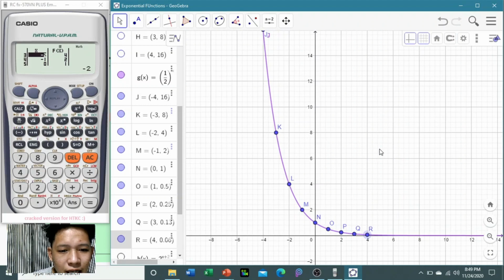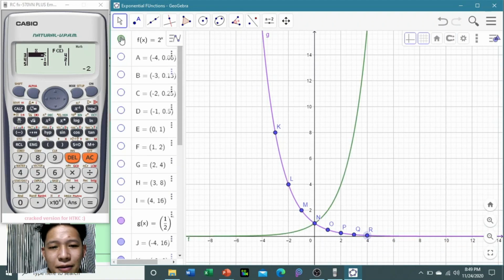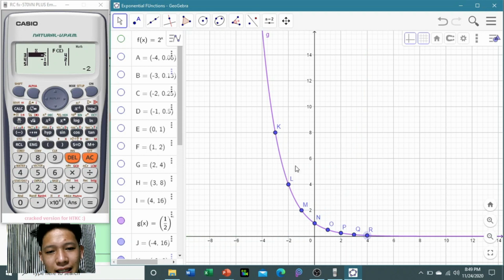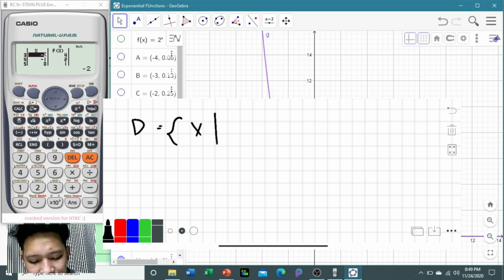And if you would notice, parang kabaliktaran lang siya nung kanina natin. Okay po? So, ayan, ito po yung kanina natin, which is f of x equals 2 raised to x. At yung bago naman po natin is ito, meaning our domain is still, so our domain would be what? Our domain would still be all sets of x such that x is an element of real numbers.